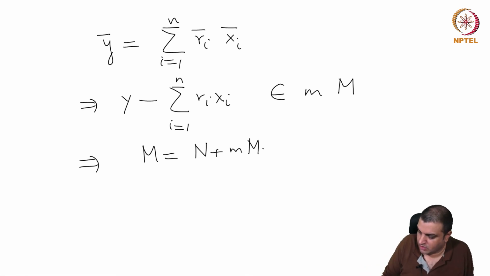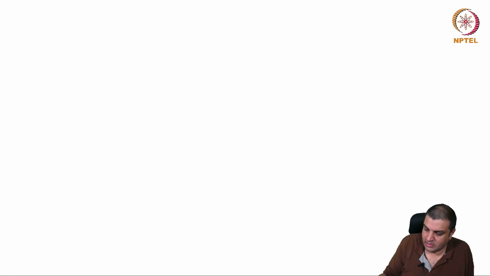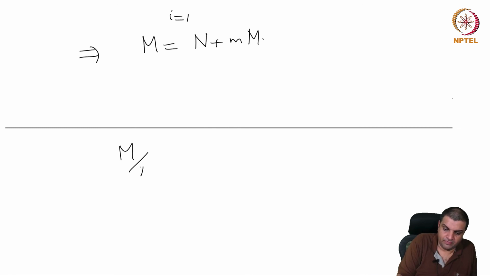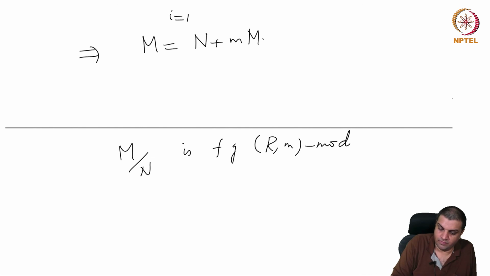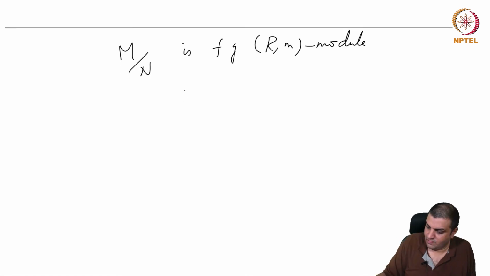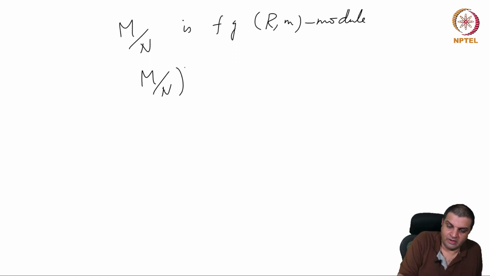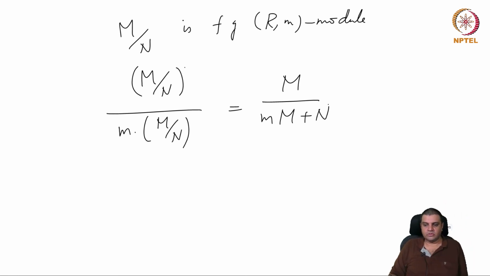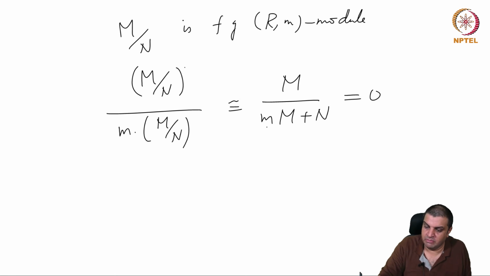So this is what we have. So where does Nakayama's lemma come into the picture? Okay, so now let's consider M mod N, which is a finitely generated module over R. And if you multiply this by m, m times M mod N is the same as M mod N plus mM, isomorphic to, this is 0, since M is equal to N plus mM was the hypothesis.